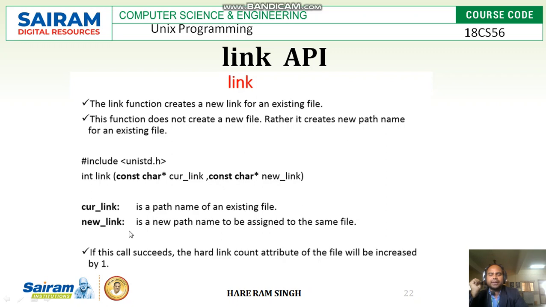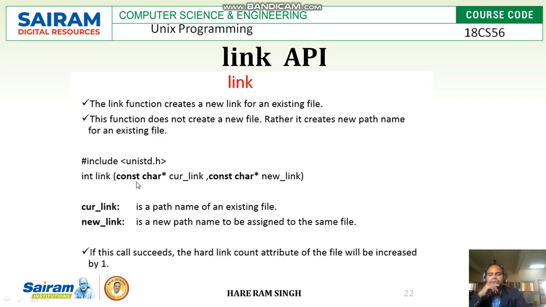The current link is the path name of an existing file, and the new link is the new path name to be assigned to the same file. If this call succeeds, the hard link count attribute of the file will be increased by 1.